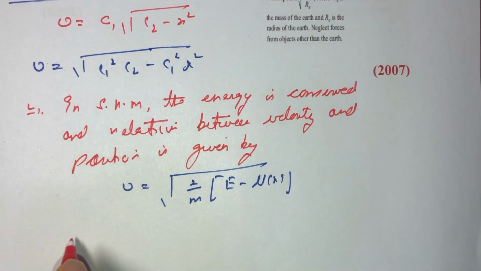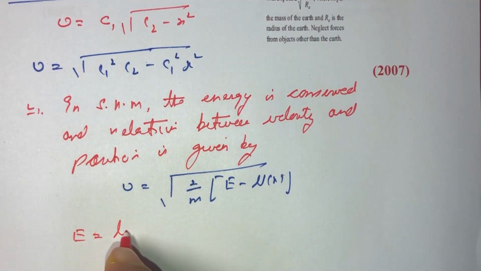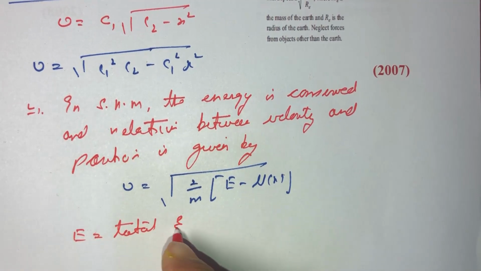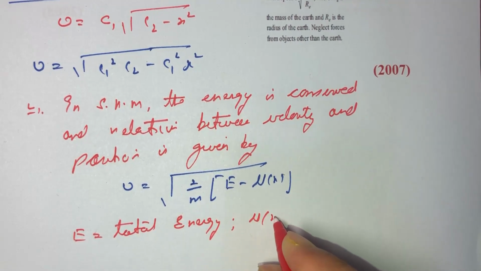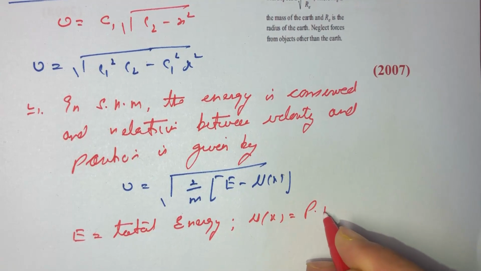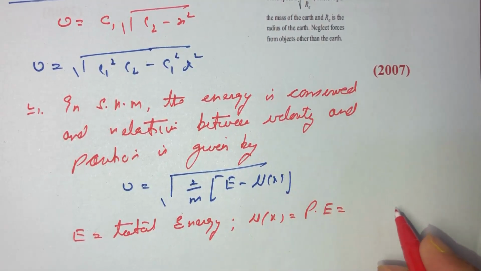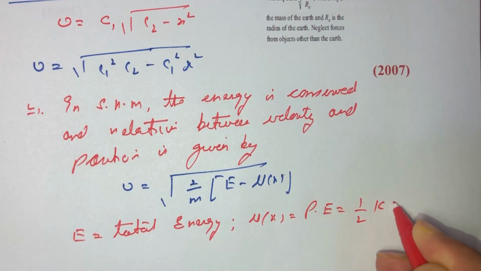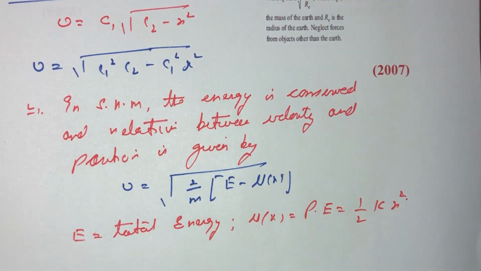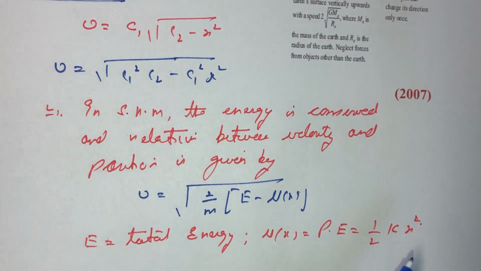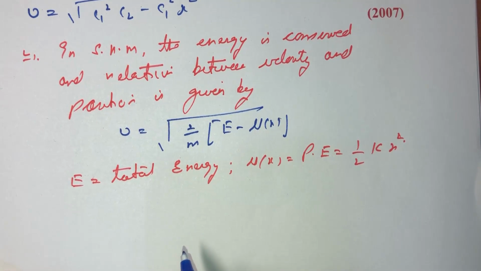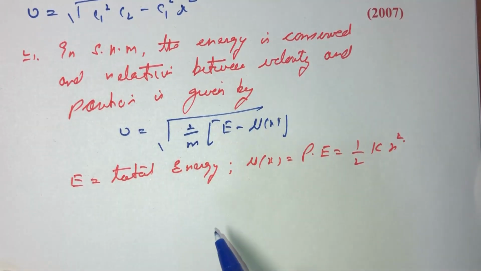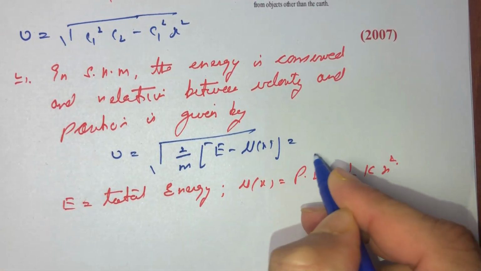So we can say that E is the total energy and U of x is the potential energy, which is given as half k x square. Therefore, if we substitute this value, we can make a one-to-one comparison.